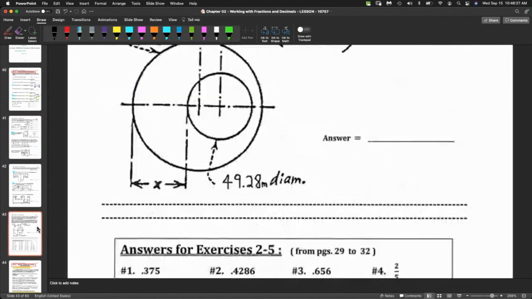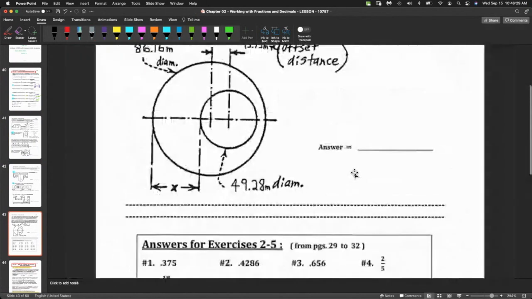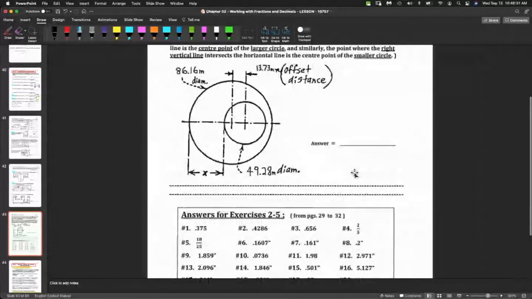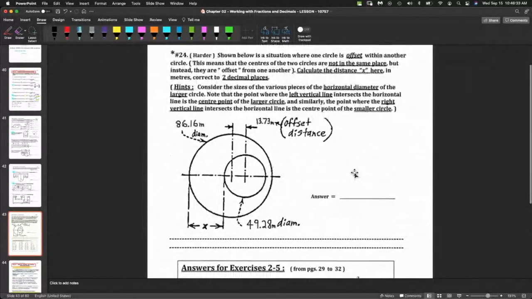So we have time for one more. I just chose the last one here. When I was having my breakfast this morning, I was like, oh, let me look at the hard one. This question here is one of the harder ones, but it's actually not too bad.